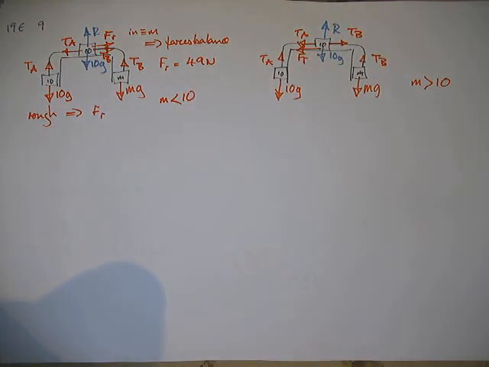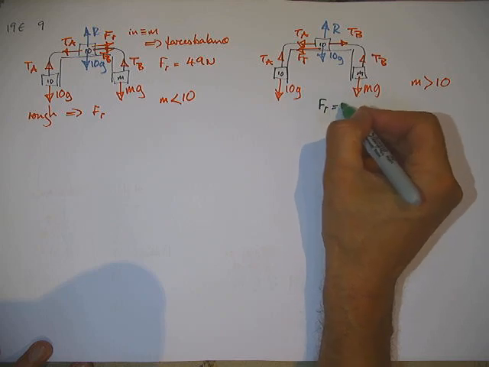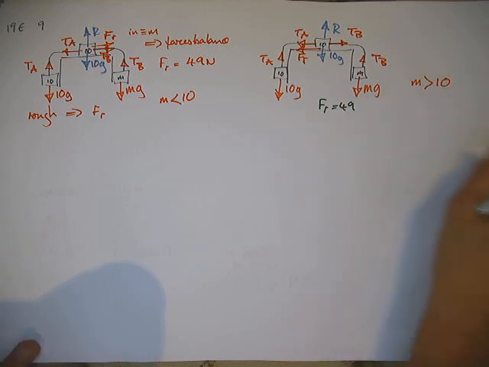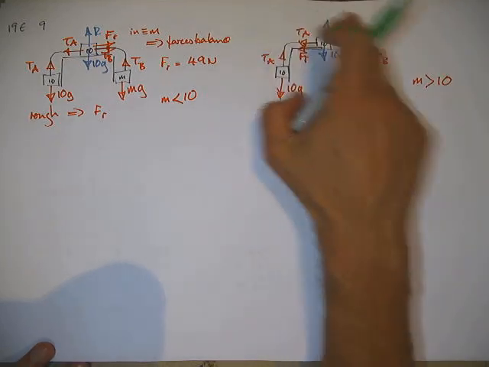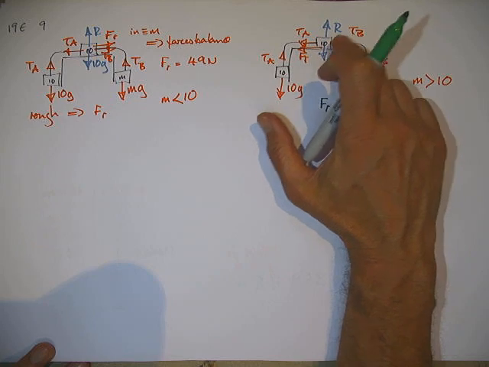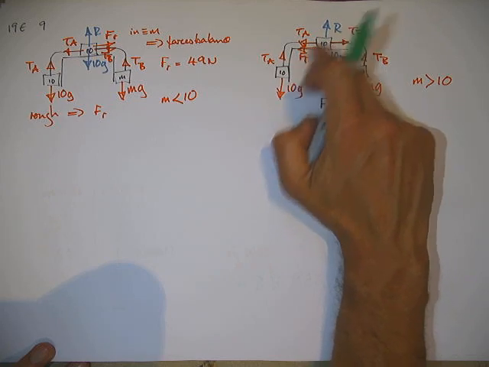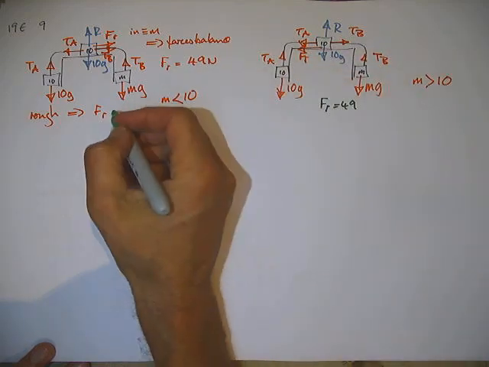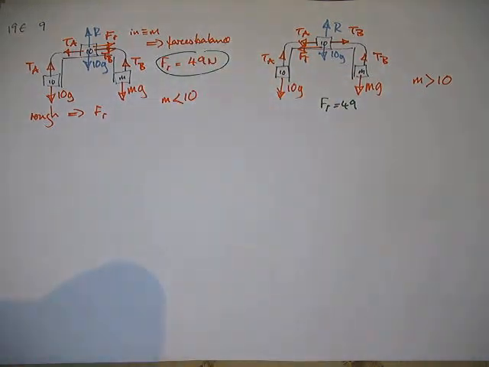Oh, and the frictional force I know is 49 for the biggest this weight can be. We haven't talked about the relationship between reaction and friction, but we will. The biggest that can be is related to here, but we're told in this case it's 49.